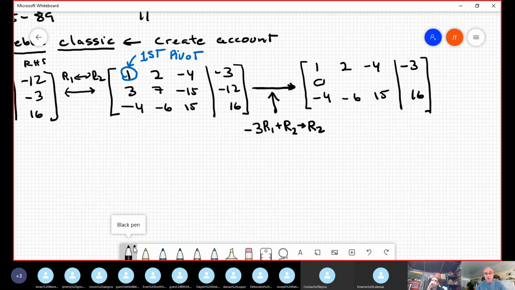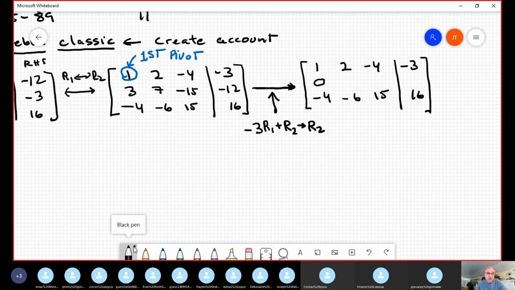Do you see where I get this 0 from? 1 times the factor, in our example -3, plus row 2, which is 3, stored in row 2. This is my intention, 0 here.